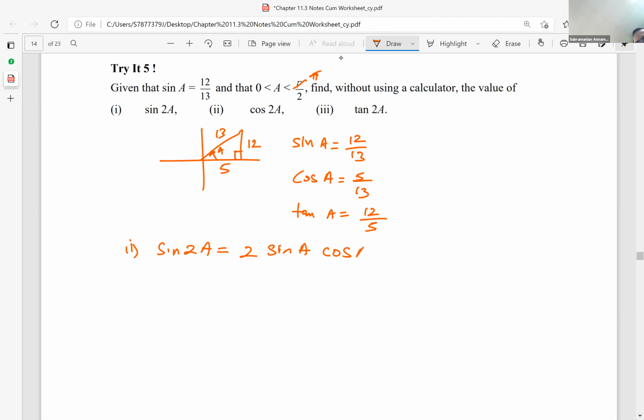Keep writing the formula, the identity, so that you memorize it. It becomes muscle memory. You may simplify this further. I don't know what the final answer is.